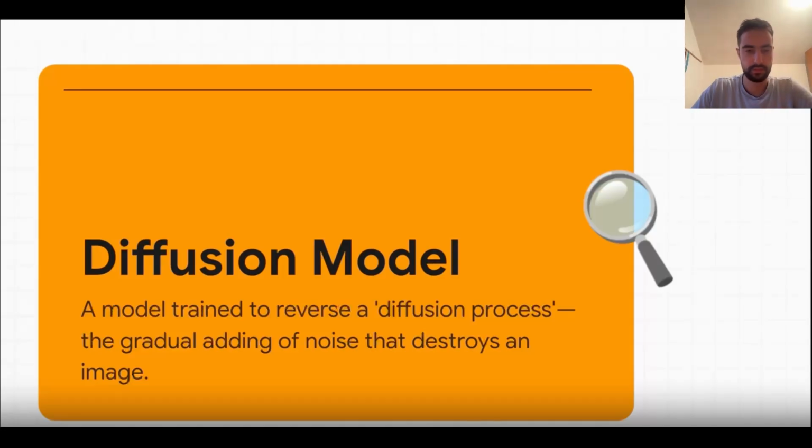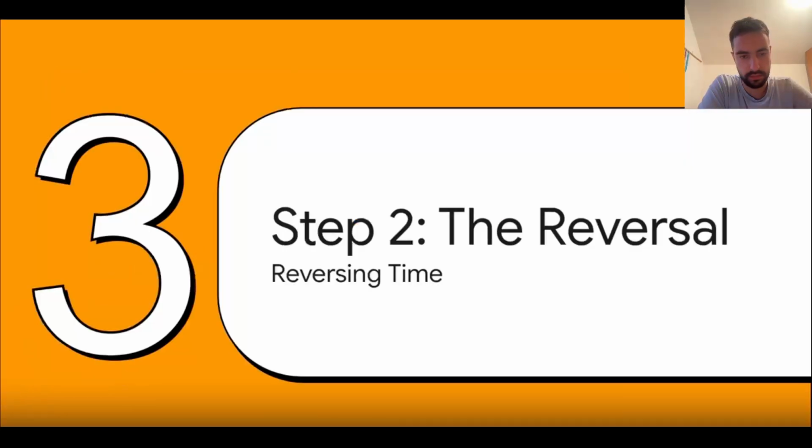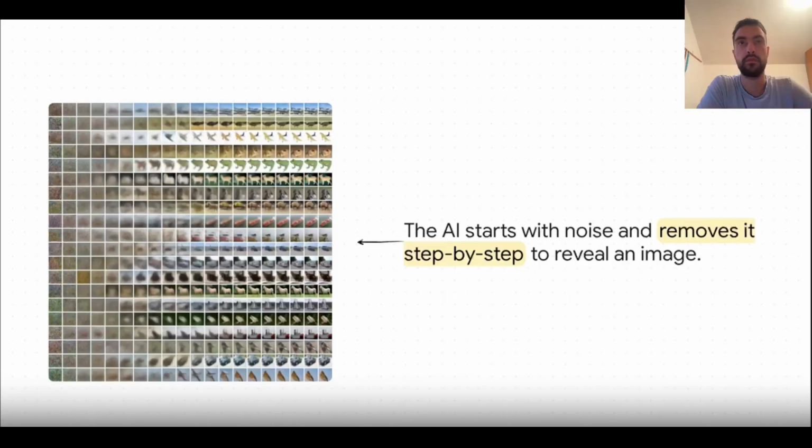Very specific kind of destruction. It gets really, really good at looking at a noisy image and knowing exactly what it looked like just one tiny step before that last bit of noise was added. And that brings us to step two, the reversal. So after all that training, watching images get destroyed, the AI finally gets to show off what it's learned. This is where the real magic happens. This is the act of creation. So now we just run the whole process backwards. We start with that screen of pure random static on the left. The AI takes a look and makes its best guess. It says, okay, based on everything I've seen, this chaos looks like it came from this slightly less chaotic pattern. And it takes that tiny step back, removing just a speck of noise.